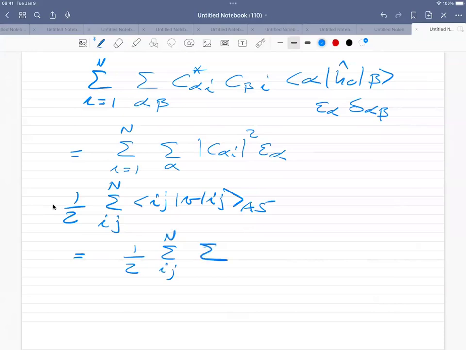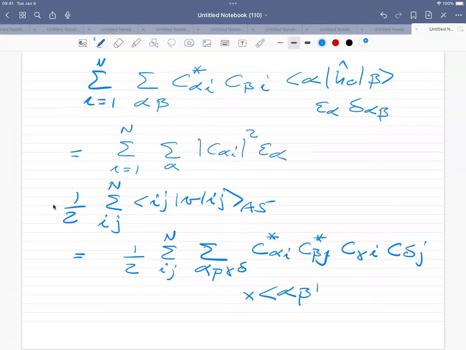But now I need to make a quadruple sum, given by alpha, beta, gamma, delta. And I will have complex conjugate C alpha of i, there's a C beta complex conjugate of j, and then there is a C of gamma of i, and a C of delta of j, multiplied with the matrix element which we had originally, of V of gamma and delta, anti-symmetrized.